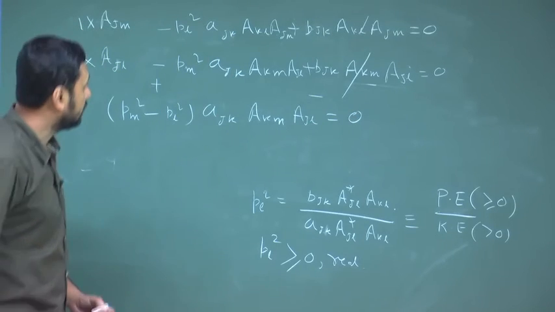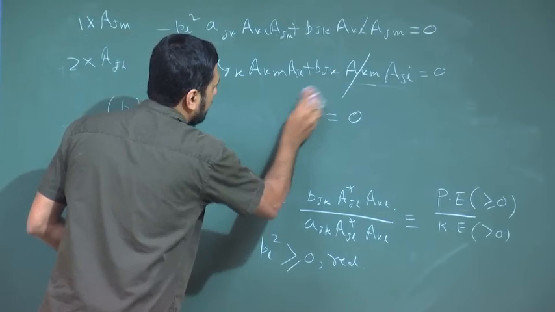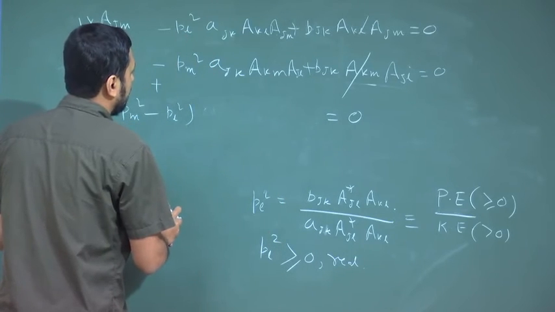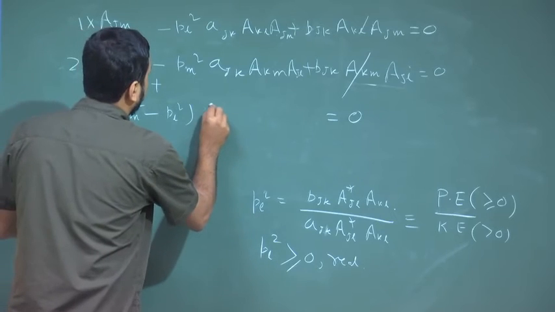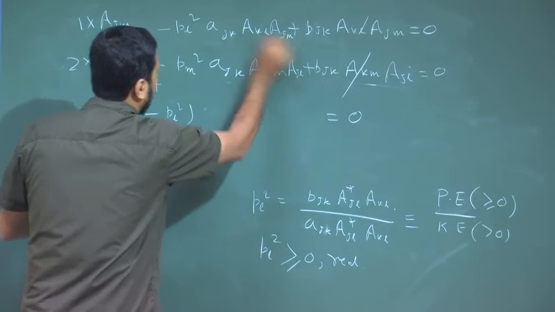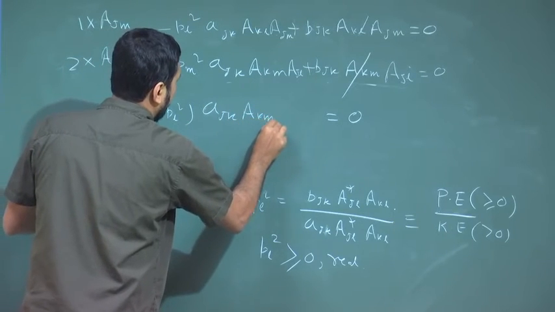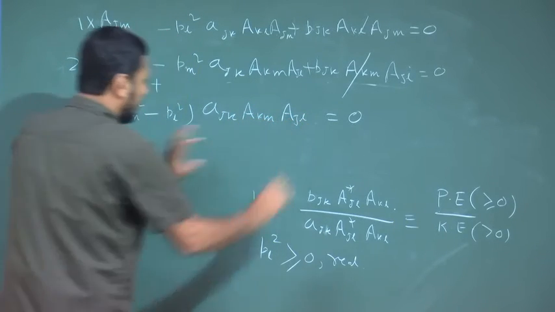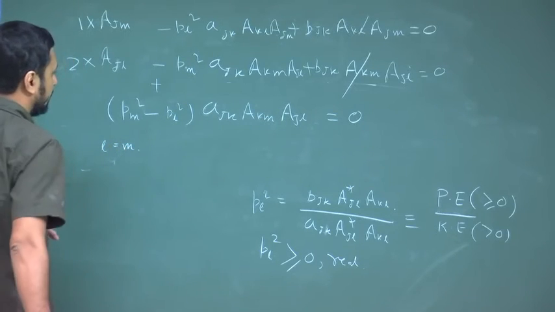Now, in matrix notation, let us stick to the standard notation. These two terms are once again identical. So, A jk A km A jl. Now, if l is equal to m, what do we see?